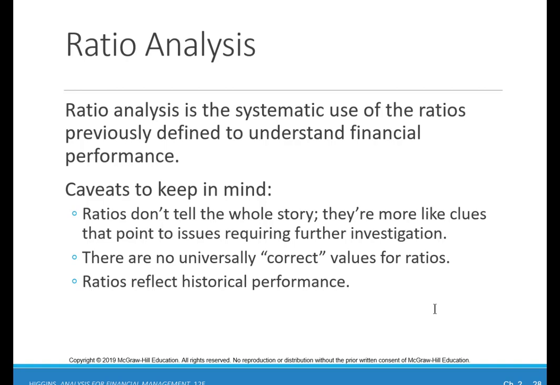There are no universally correct values for ratios, right? Whether a number is good or bad depends on several things, primarily the company itself, but also we have to look at the industry.